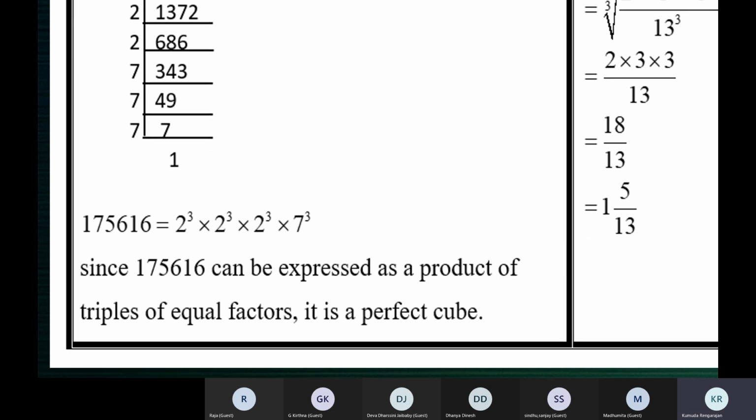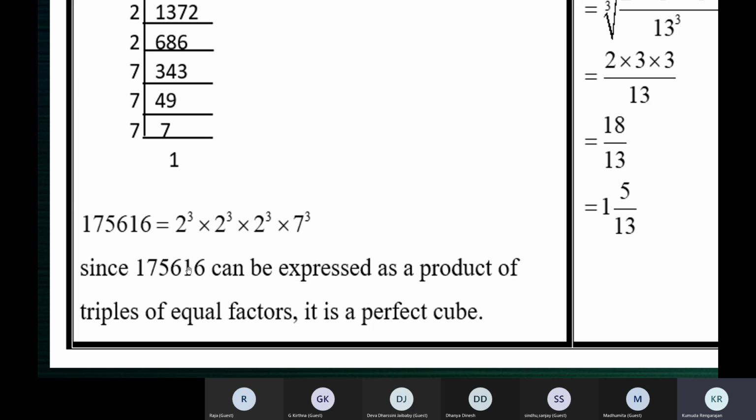As Madhumita rightly said, the given number can be expressed as 2 cubed into 2 cubed into 2 cubed into 7 cubed. So since the number can be expressed as a product of triples of equal factors, it is a perfect cube.